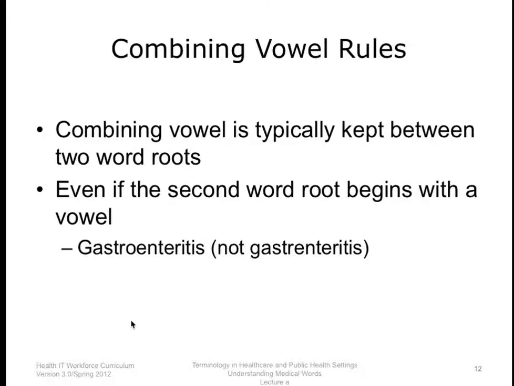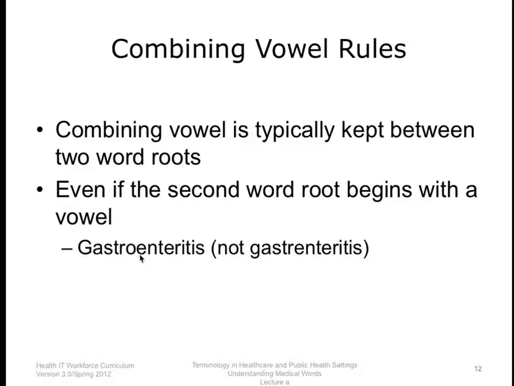The next rule deals with using combining vowels between two word roots. Typically, we will use a combining vowel between two root words, even if the second root word begins with a vowel. So here's an example: gastroenteritis. The root word, G-A-S-T-R, gastr, means stomach.